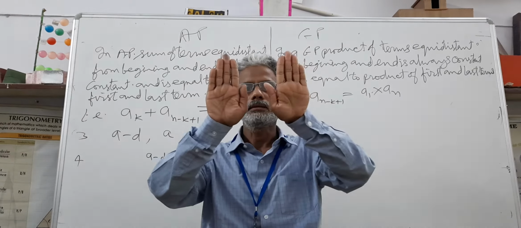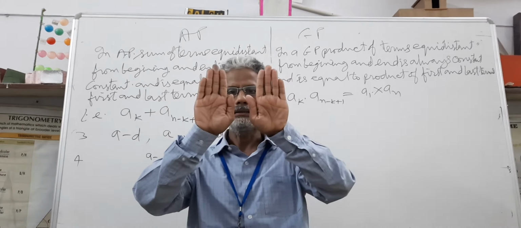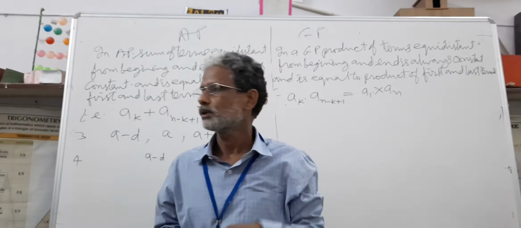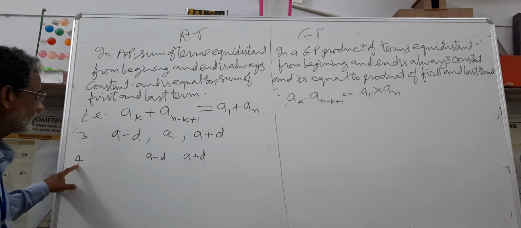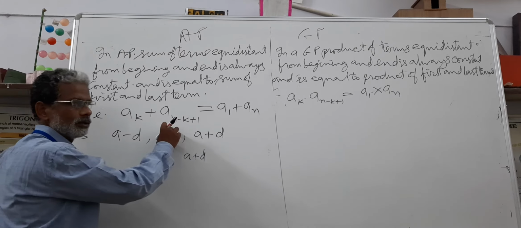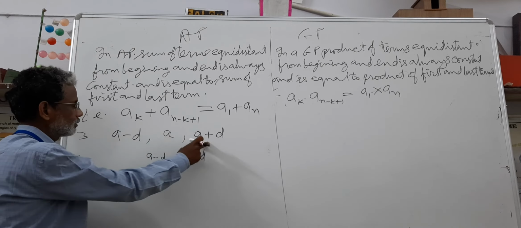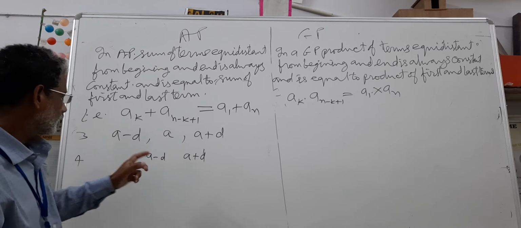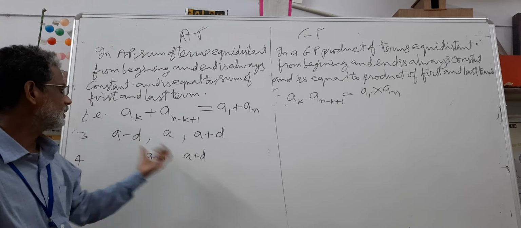If the number of terms is even, there are 2 controllers, A minus D and A plus D. Now the gap between these 2 terms is 2D.